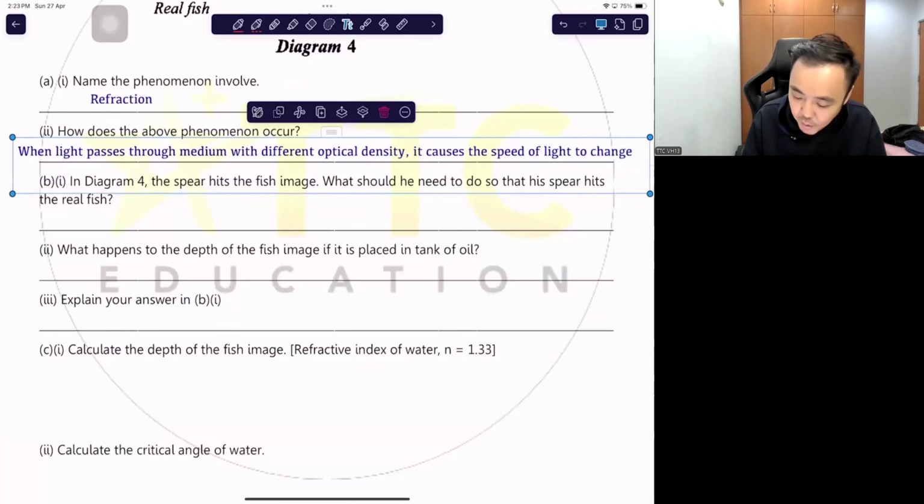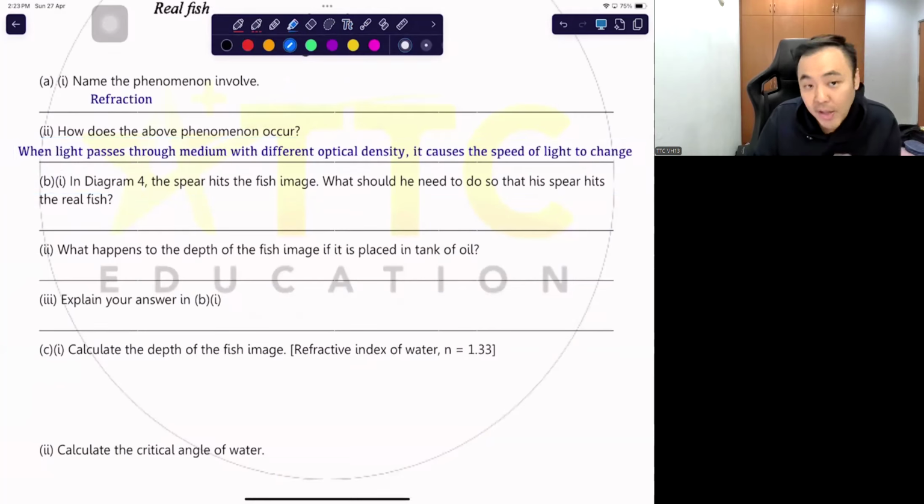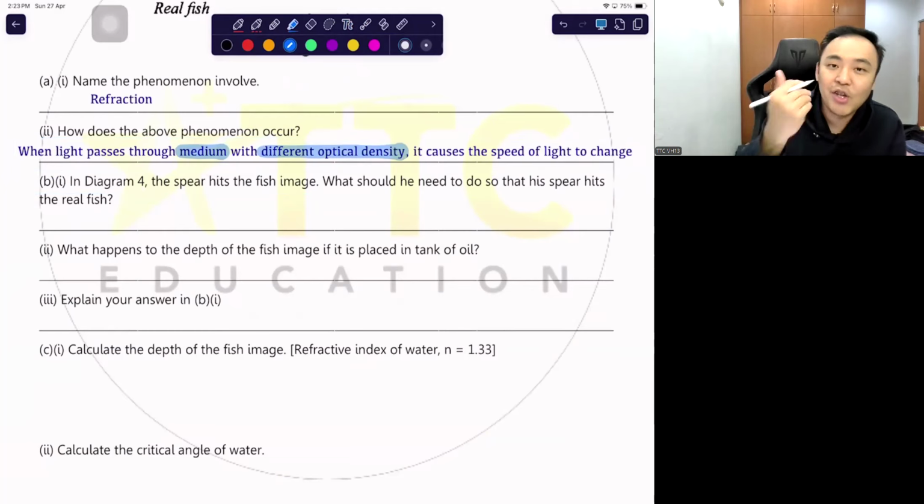There you go. Of course, you might want to write, do we not need to write the bending part? You want to continue writing also can, but this sentence is only 1 mark. So what they want you to mention is, you have to tell them the medium has different optical density. Perfect answer, you write optical density, your teacher cannot argue. Alright, and then the speed of light will change. You get me, right? There you go.